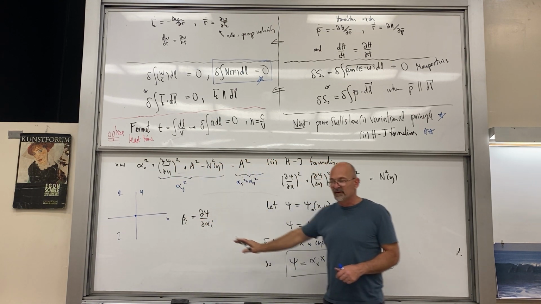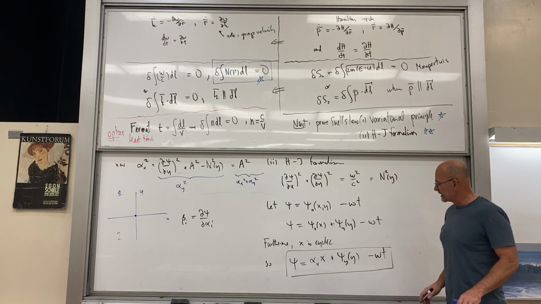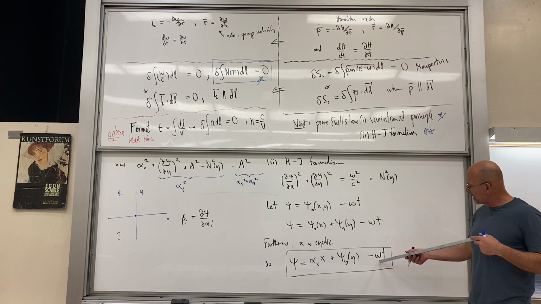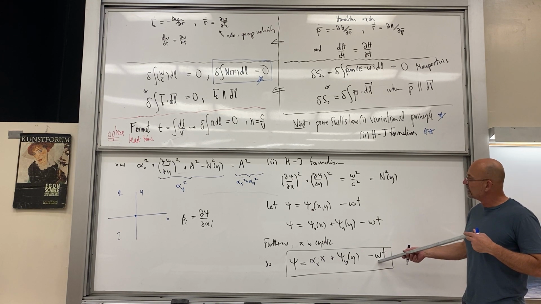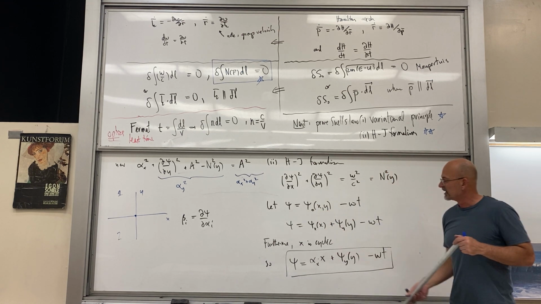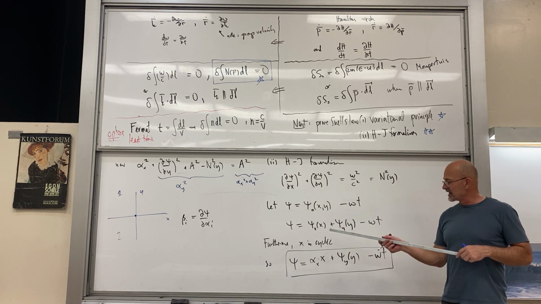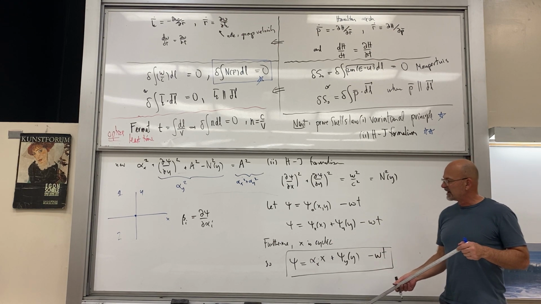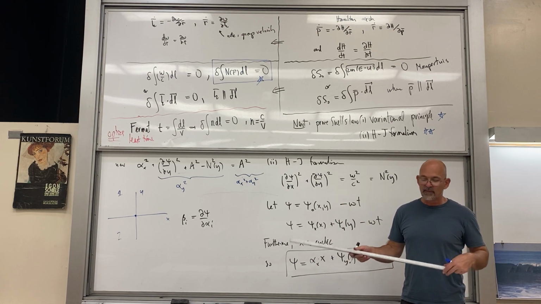You've got that whole business to deal with. Or you can actually construct an expression here included using alpha x squared plus alpha y squared. Then you have to modify it with a constant to keep the dimensions right. And if you do that, that constant drops out of the problem as well.